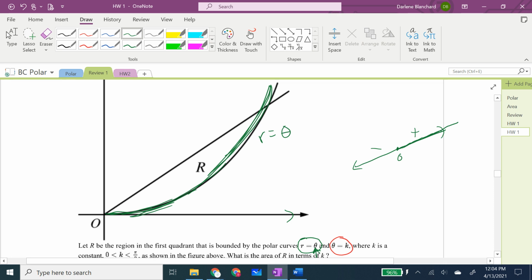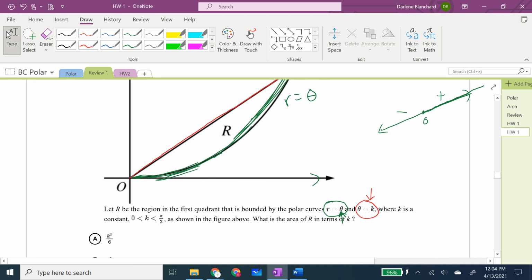Now, the other one is theta equals k, and this is where you want to remember, if theta is a constant and that's all you have, then you're dealing with, first of all, if your radius is positive, just a ray coming out of the origin. If my r is positive, it will be just the ray. If r is allowed to be negative, then I will get a negative side and a full line.